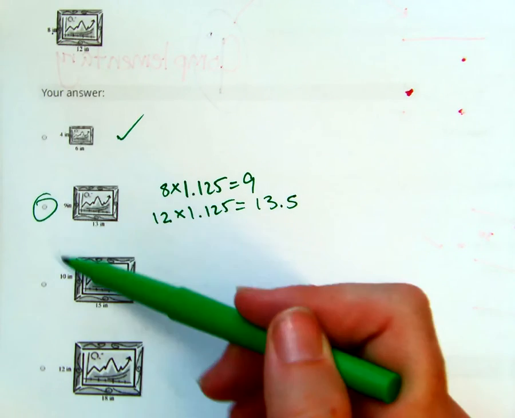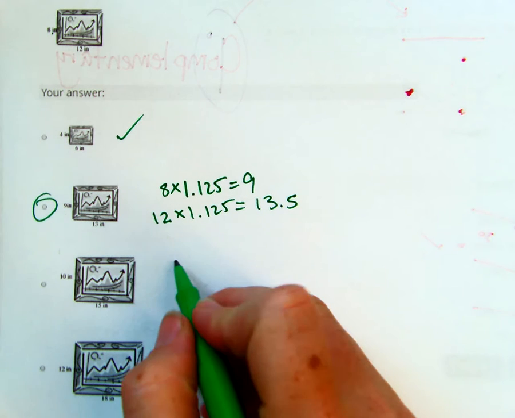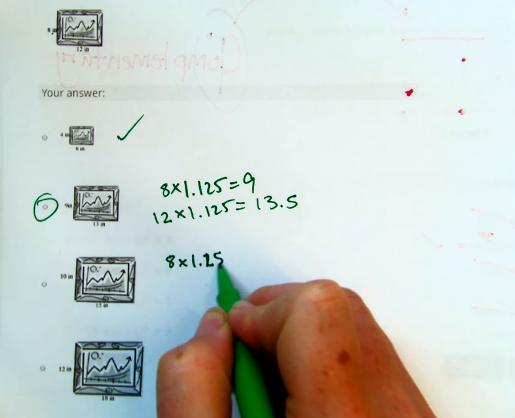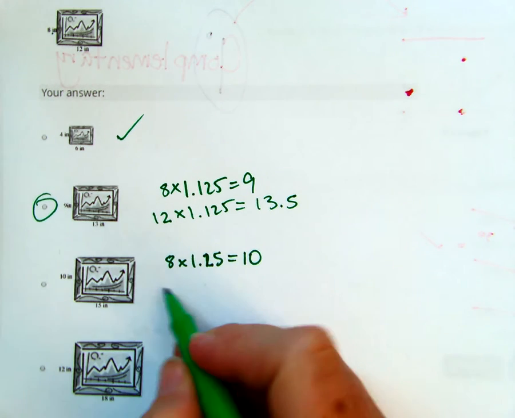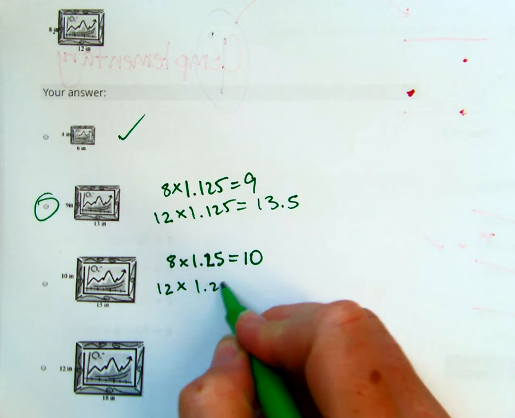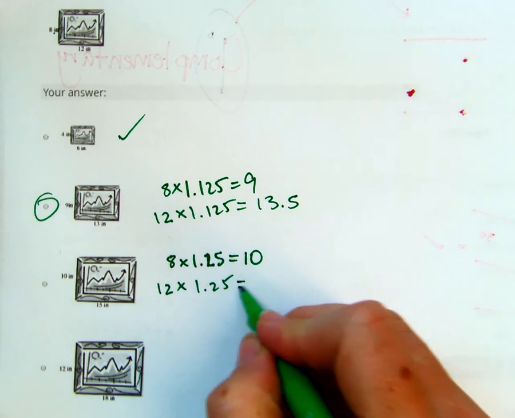To go from 8 to 10, I would do 10 divided by 8 to see what it was multiplied by. So 8 times 1.25 gives me 10. Then I want to make sure that 12 times 1.25 is actually 15. So 12 times 1.25 is indeed 15.